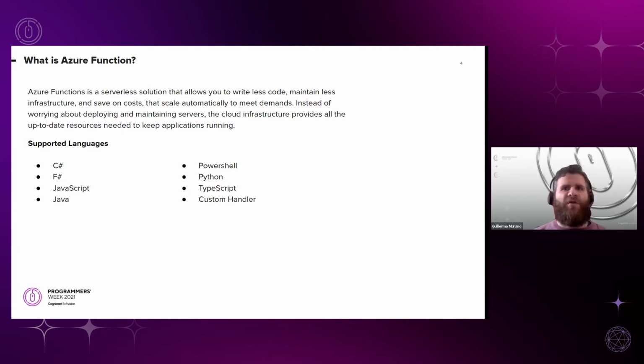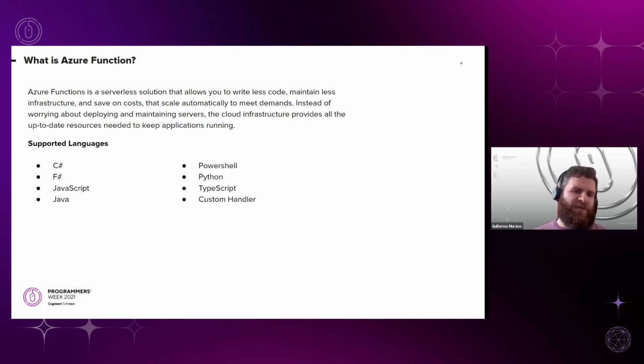It's a block of code that runs anytime you need with a different type of response according to the events. It's going to meet the demands with as many resources and function instances as you need, and only when they are needed.